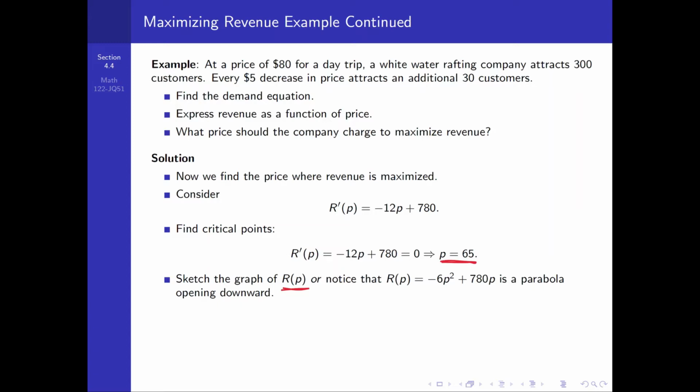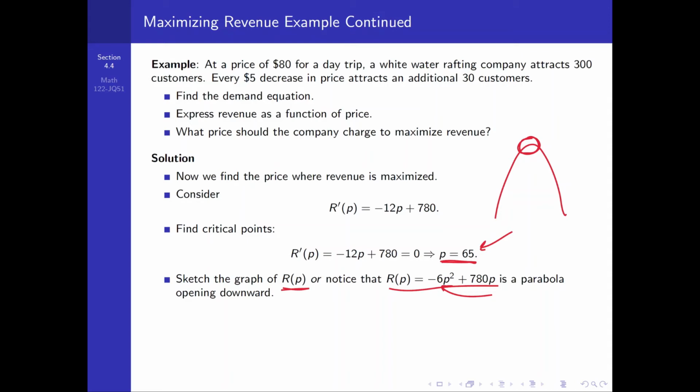Or if I'm too tired or lazy to graph the function, I can notice that this revenue function, negative 6P squared plus 780P, is a parabola. And I know that the parabola has to open downwards because the leading coefficient in the equation for the parabola is negative. So it opens downward. And that tells me that this one critical point that I'm finding has to be the point at the top of the parabola up here.